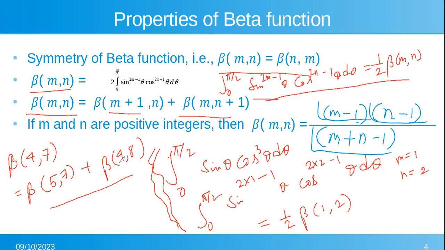Next we'll learn the fourth property, which is very, very important, and it will help us find the value of the chosen example, that is the integral from 0 to pi by 2 of sine theta cos cube theta d theta.